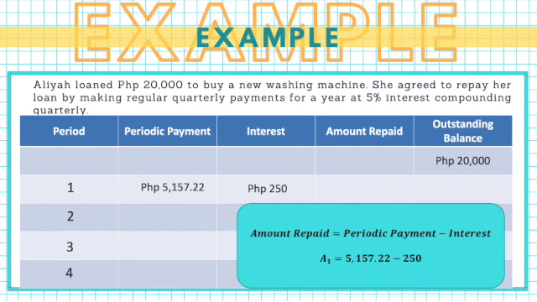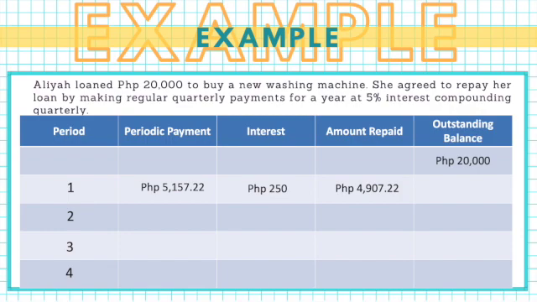Amount repaid is periodic payment minus the interest. In this case, 5,157.22 minus 250 is equal to 4,907 pesos and 22 centavos.